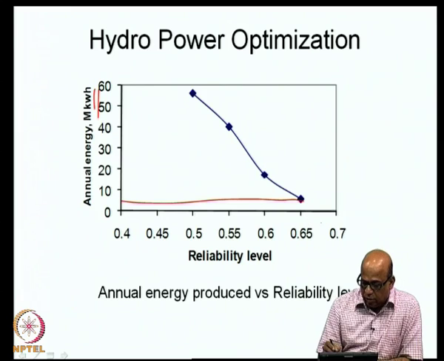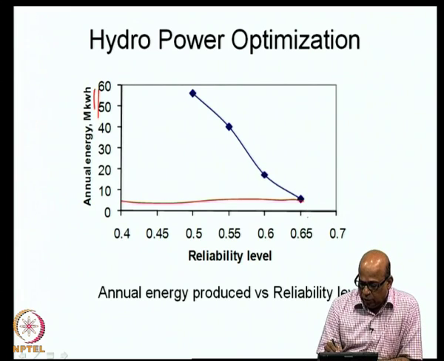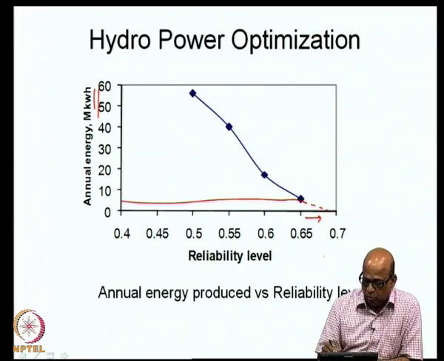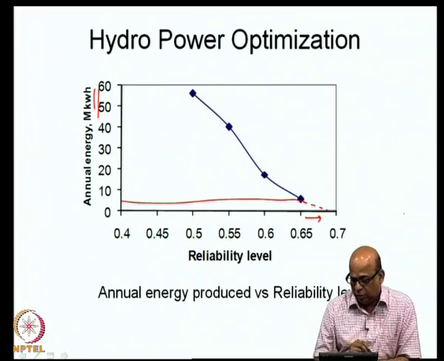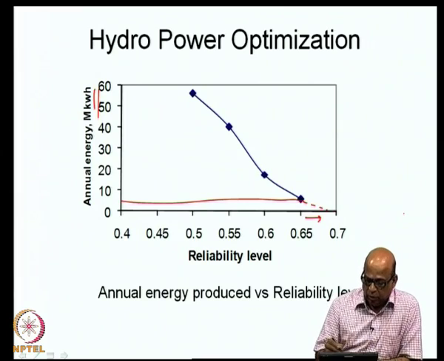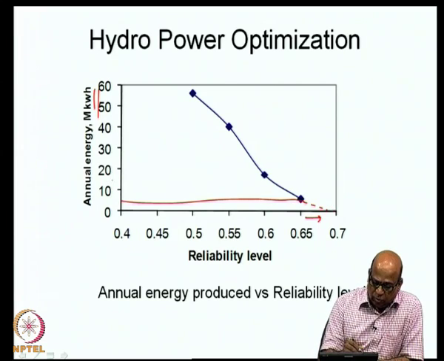Then as you increase reliability, this will be smaller and smaller, beyond a certain point you cannot increase further. So, you cannot go beyond, let us say 0.7, 0.8 and so on. You can examine that. If you increase the reliability further, the problem becomes infeasible, and therefore, you will start looking at how much can I increase the annual energy.